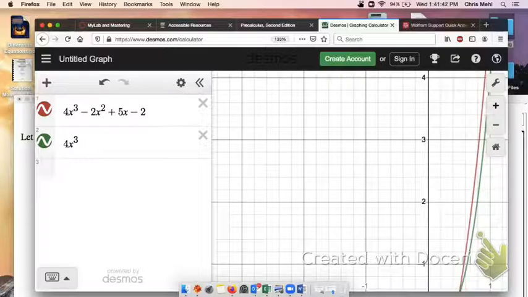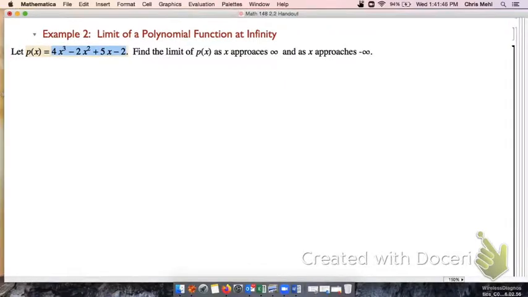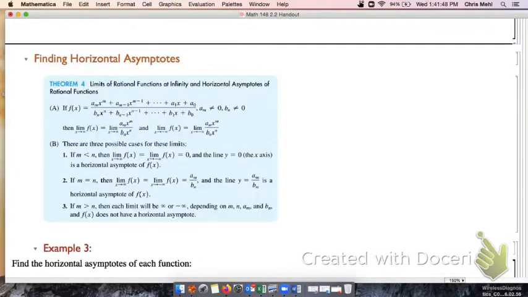Now, the last thing I need to do is talk about end behavior of rational functions, which is related to horizontal asymptotes.